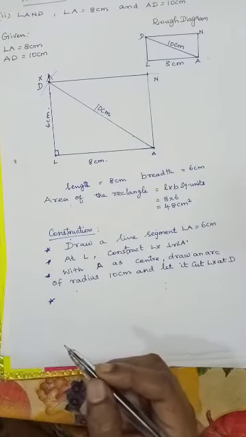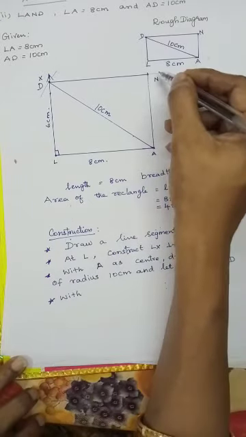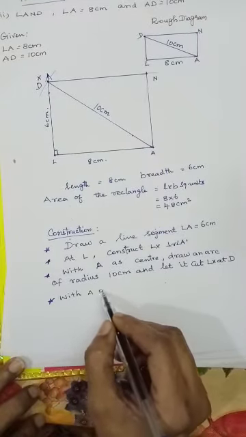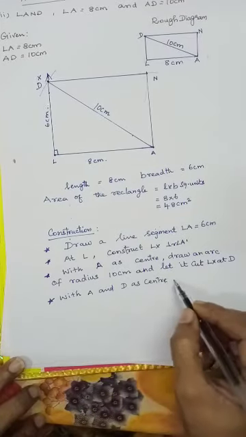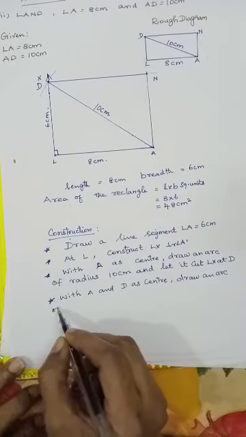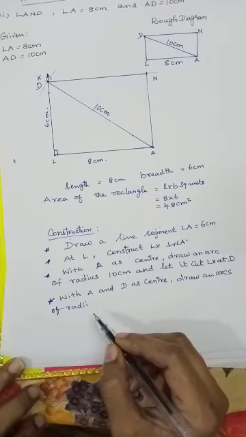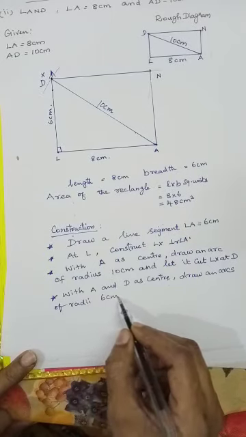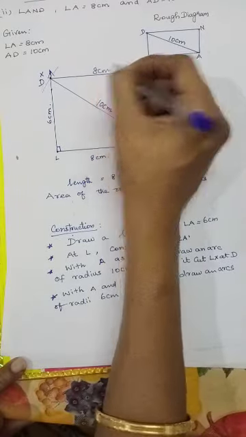Then the fourth point is with A as center we have drawn an arc and D as center we have drawn another arc, isn't it? With A and D as center, draw arcs, okay, of radii. What are the radius we have drawn? 6 centimeter. A as center we have drawn 6 centimeter and 8 centimeter, isn't it?